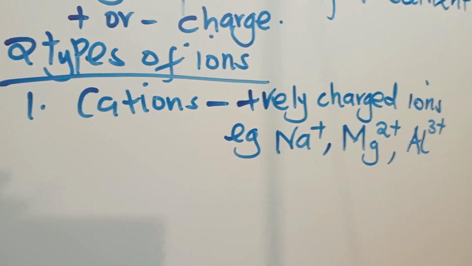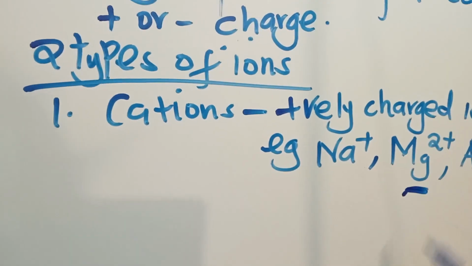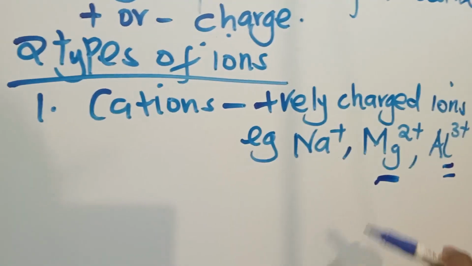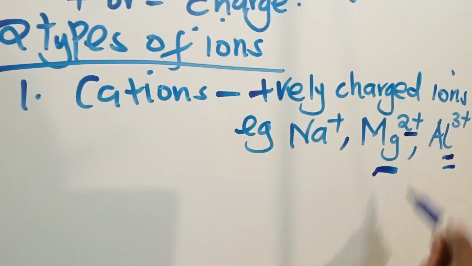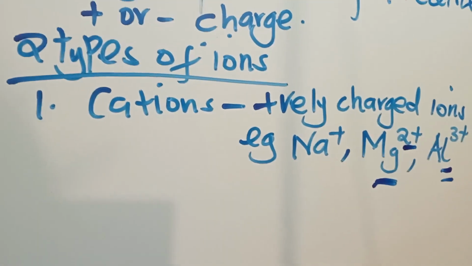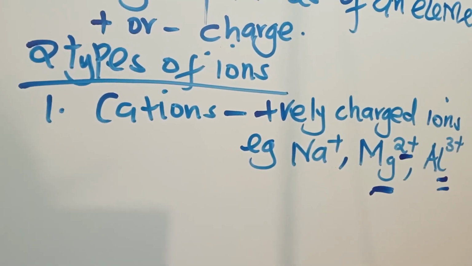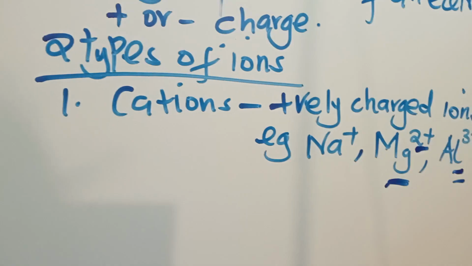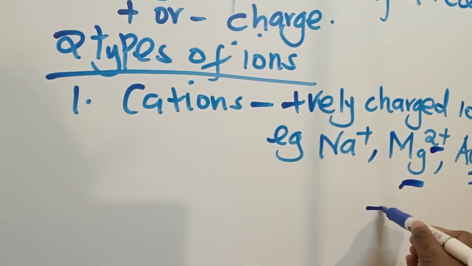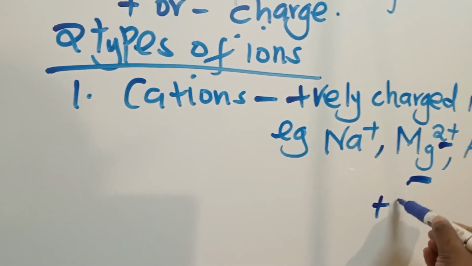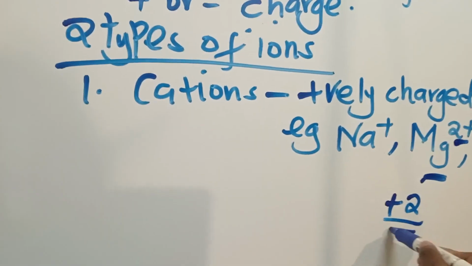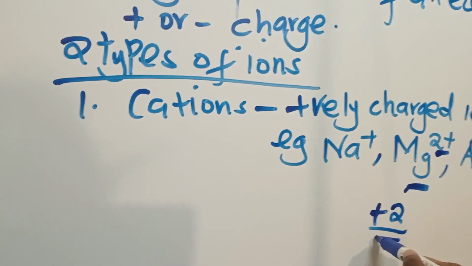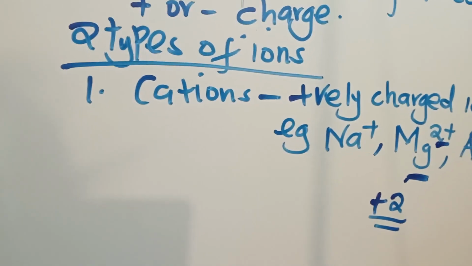Note this. For example, when you're dealing with magnesium or even aluminium, when you're writing the charge on top here, you should always start with the number followed by the charge and not the other way around. Because if you were to start with the charge and then the number, this will no longer be the charge, but it will be the oxidation number.